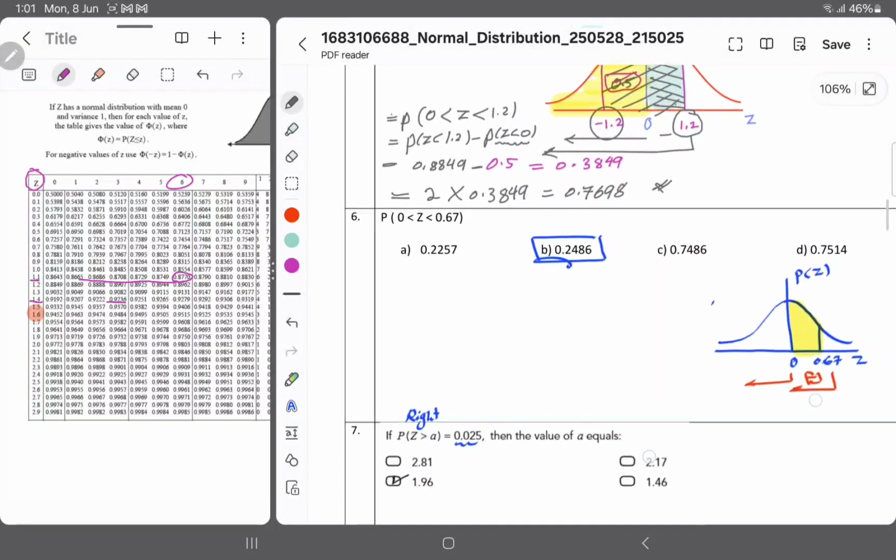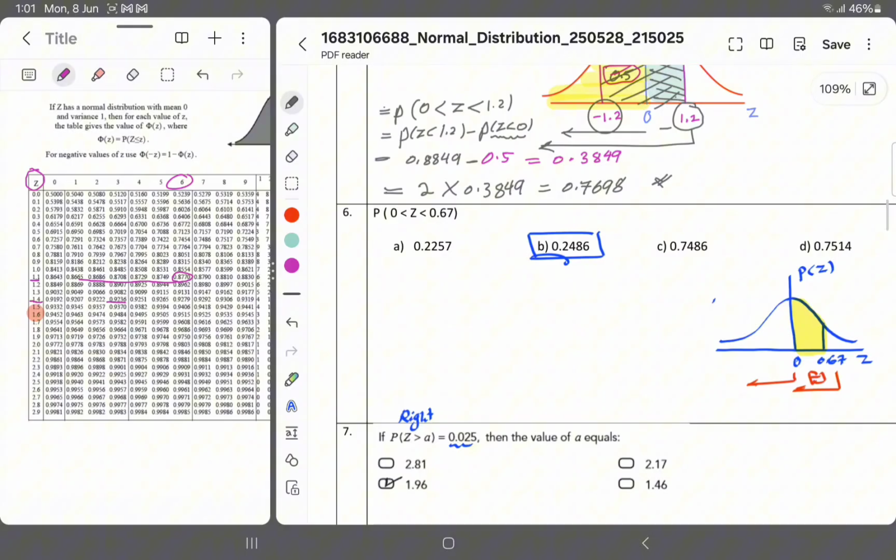Now we are going to the next question. It looks like the previous one, but here it is between 0 directly and 0.67, an area between two values, one positive and one zero. So no problem for that. We just do the area below the biggest one minus the area below the smallest one. Probability of z below 0.67 minus probability of z below 0.